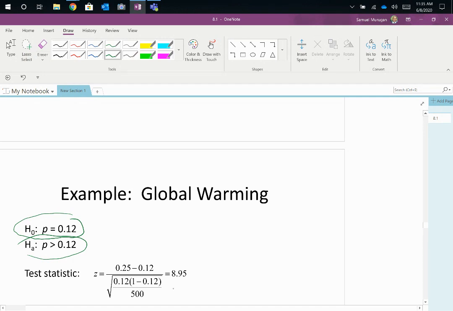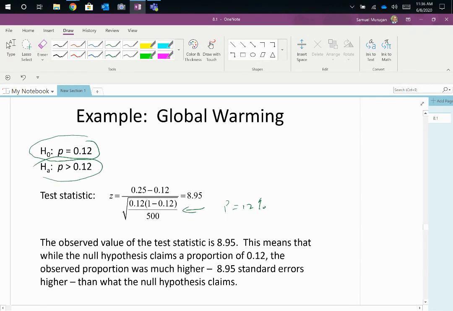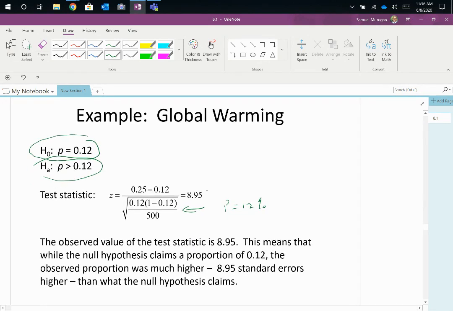And standard error is computed using the original percentage p equal to 12%, right? And putting that in a calculator gave 8.95. The observed value of the test statistic is 8.95.